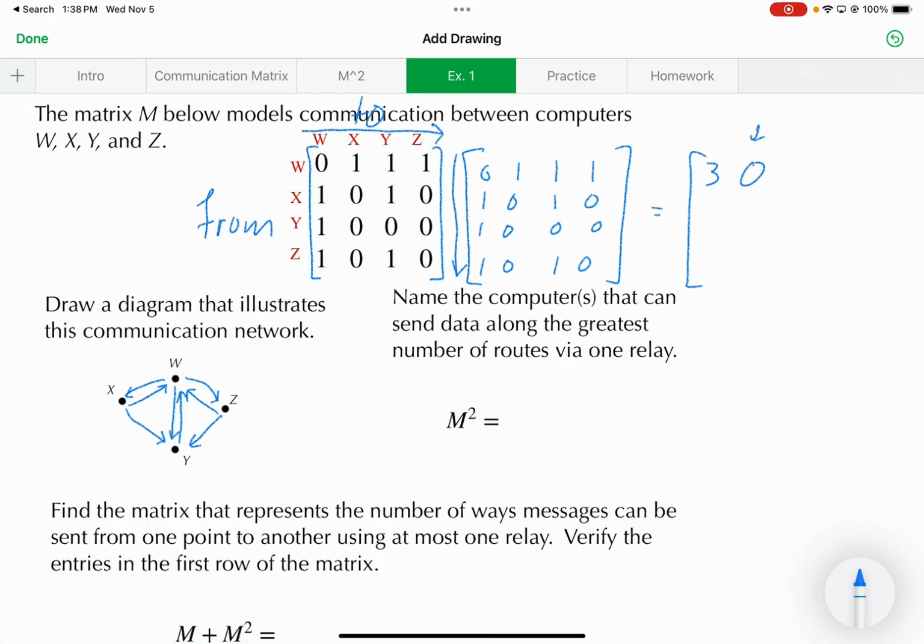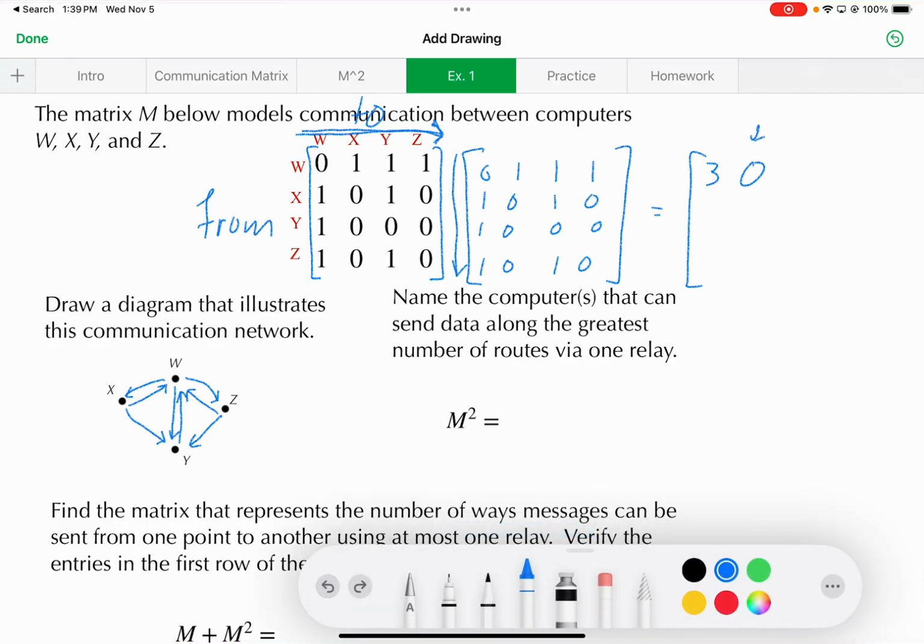What did I mess up? No, I think I have it right. So it should be 0, because it's along the first row, and then second column.